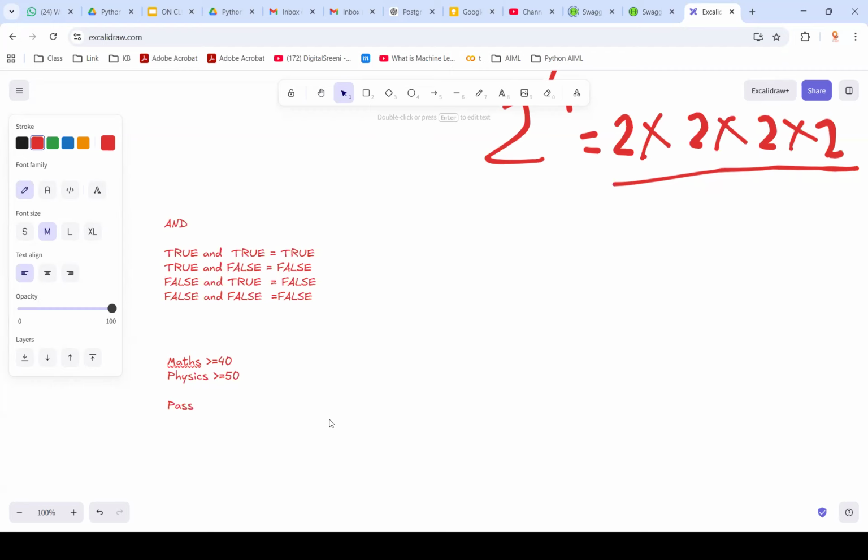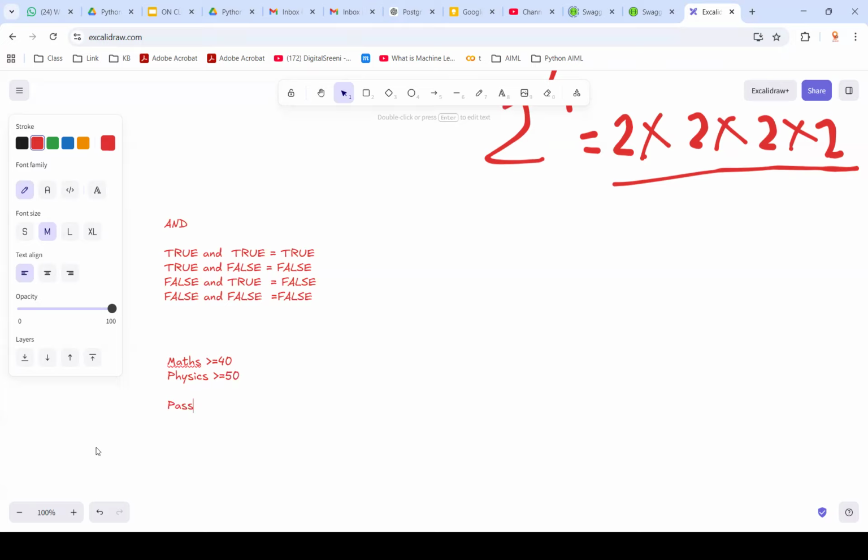Please listen carefully. If maths marks is greater or equal to 40 and physics marks is greater or equal to 50, then that student will be considered pass. ठीक है?